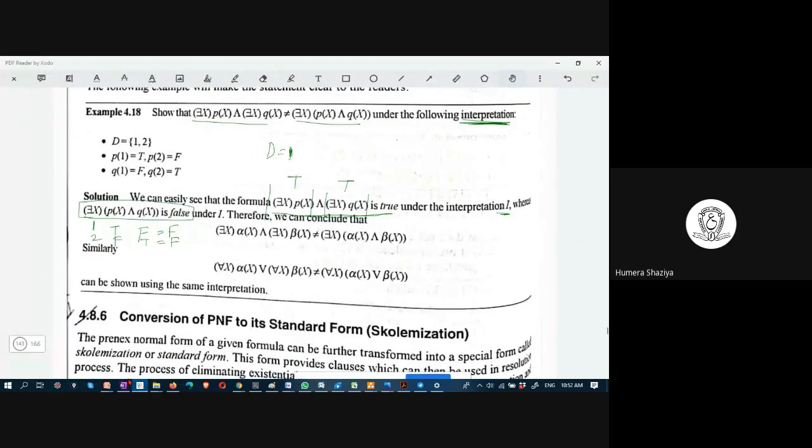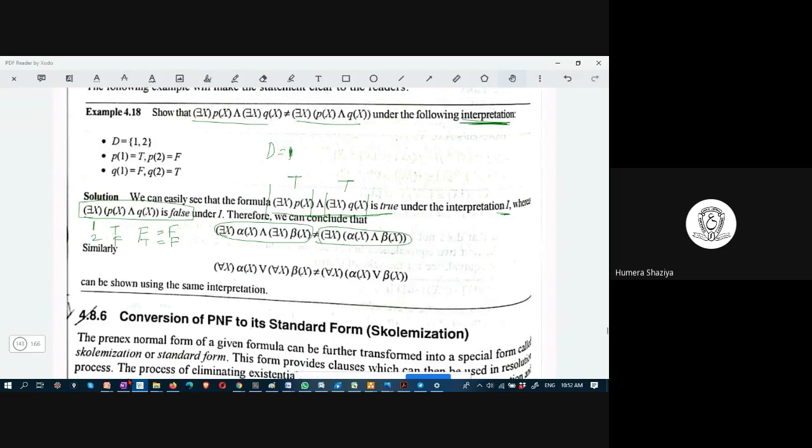And here it is proved that this formula is not equal to this formula. Similarly, for all x, alpha of x, or for all x, beta of x is not equal to for all x, alpha of x or beta of x.